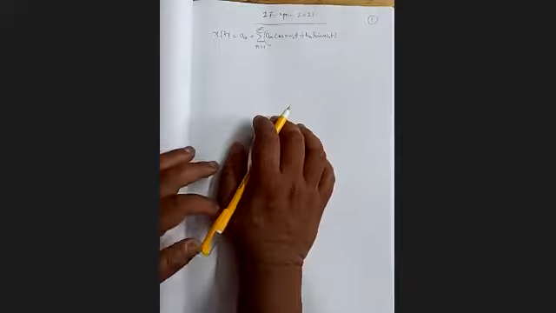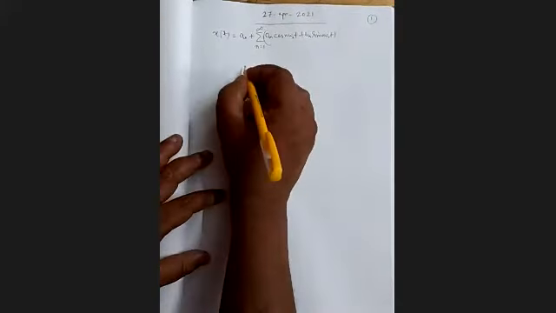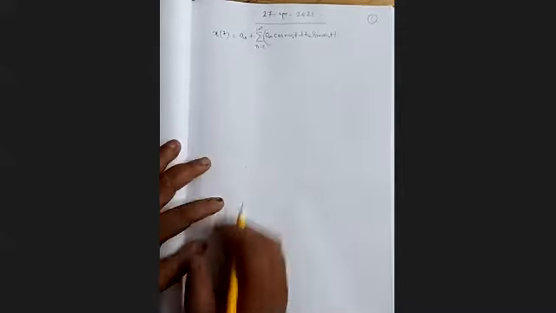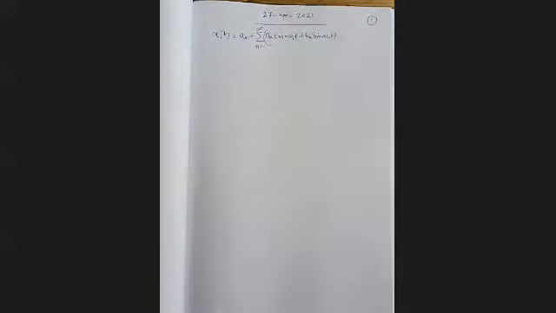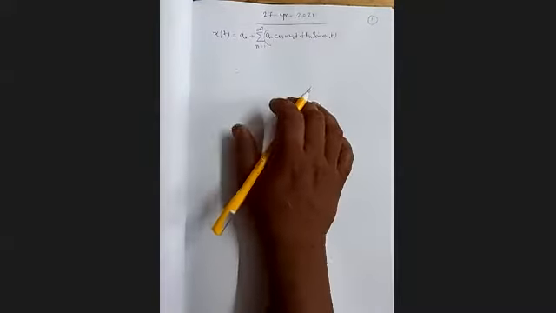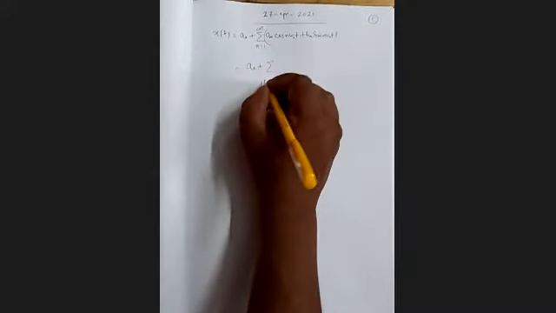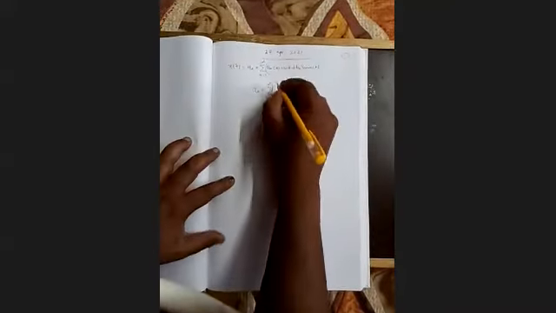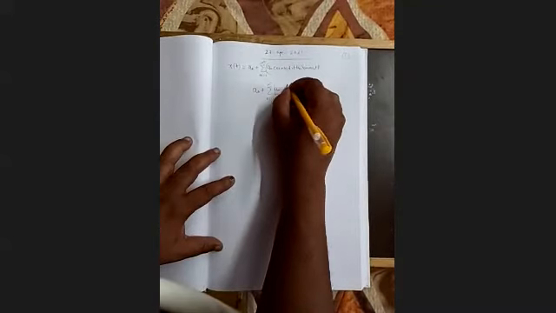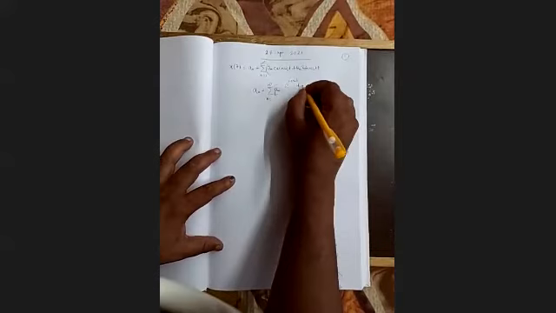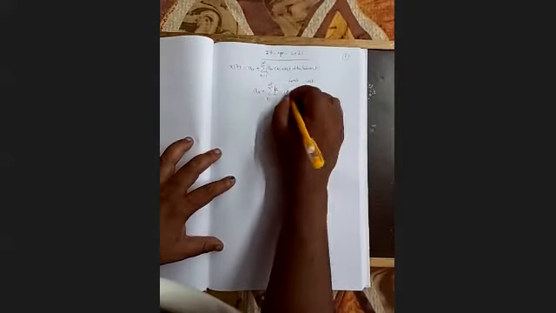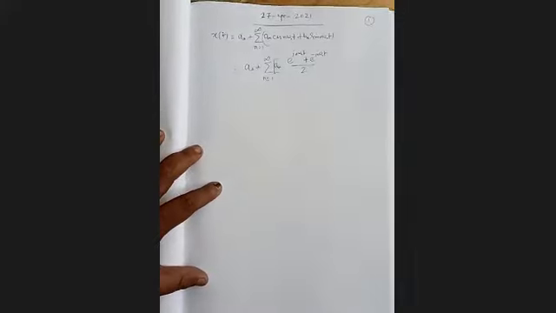Now we can expand our cosine function and sine function into the exponential term using Euler's theorem. It is A0 plus summation, an into cosine means e to the power j n omega 0 t plus e to the power minus j n omega 0 t.